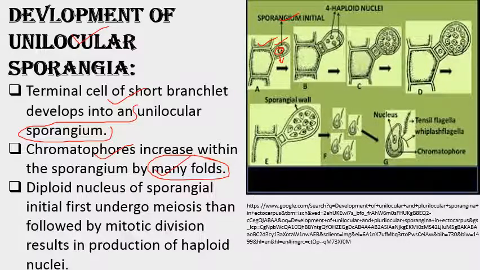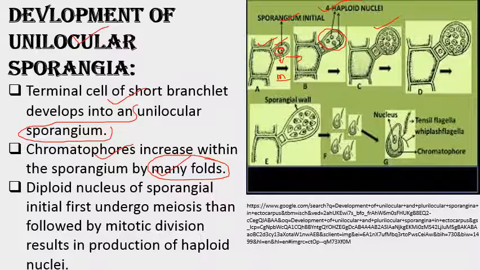Then finally this diploid nucleus will undergo meiosis, that is meiotic division, and this is the reductional division that results in the formation of 4 haploid nuclei. So 4 haploid nuclei are produced as a result of meiosis. Then after meiotic division, this division is followed by mitotic division.